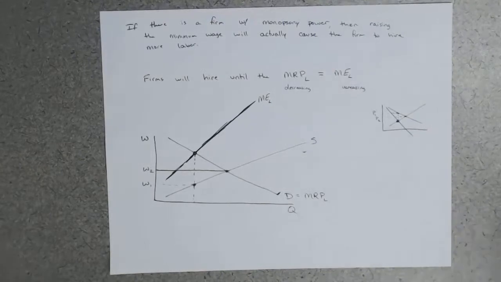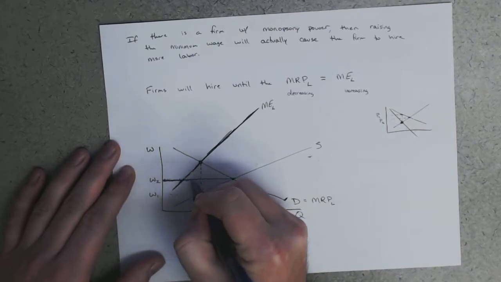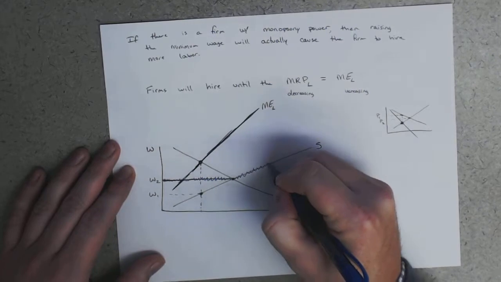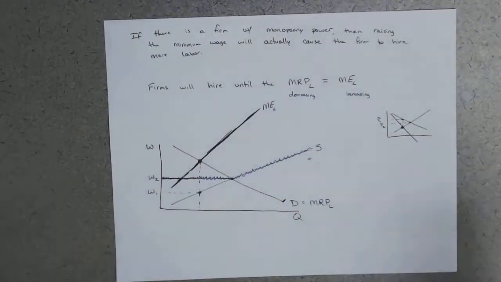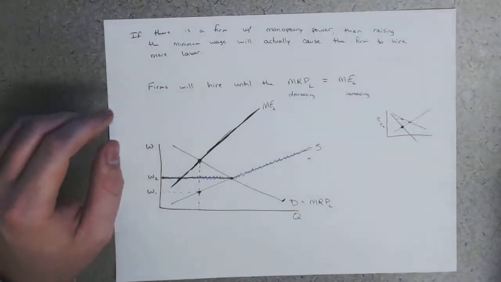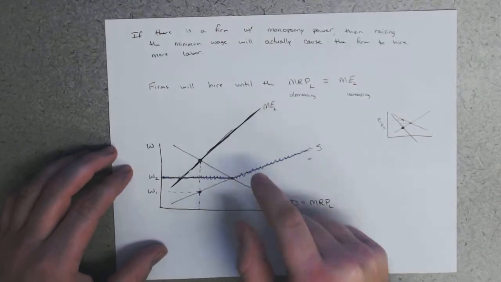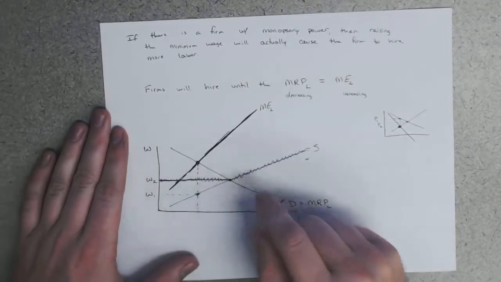Okay, so the supply curve will suddenly become kinked, right? And now, how the supply curve will look is, it'll be this portion here, and then it'll be this here. And so what the minimum wage effectively does is create a perfectly horizontal supply curve up until the point where it hits the real supply curve here.